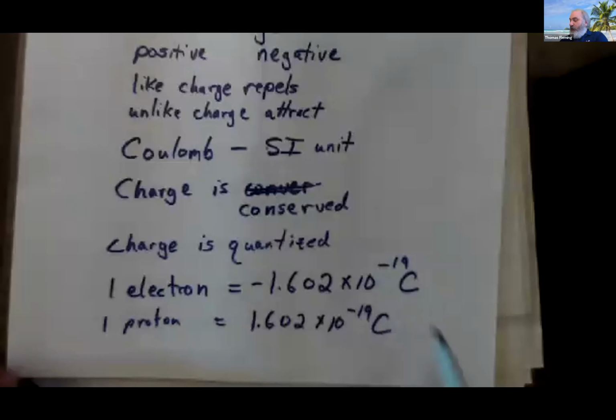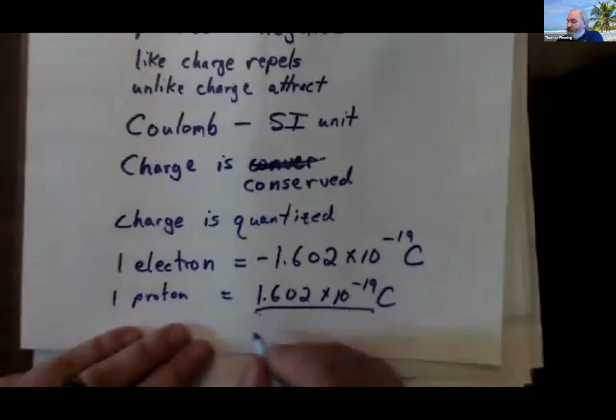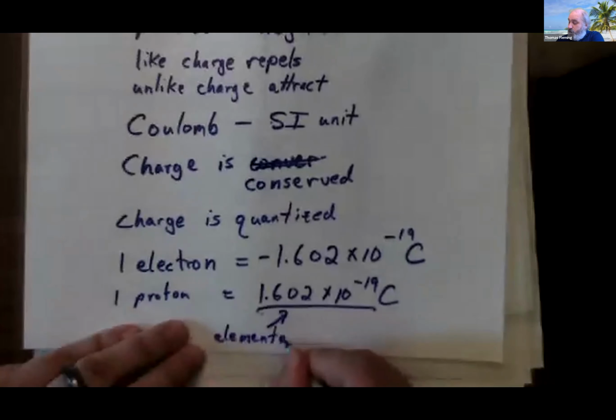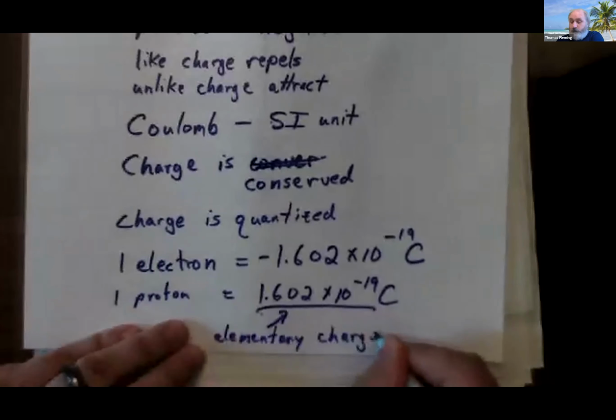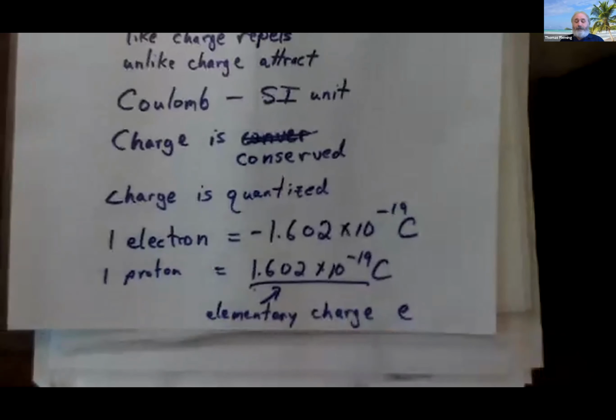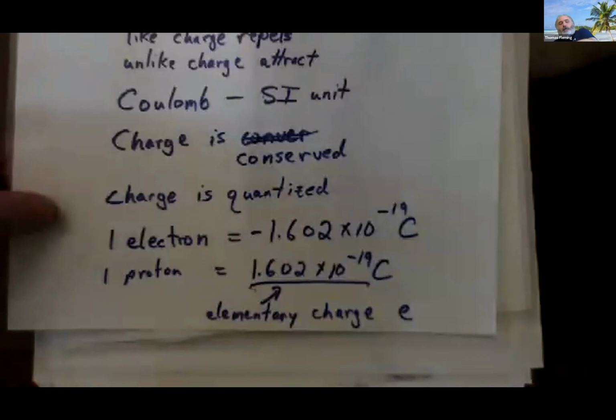We call this number the elementary charge, and it's sometimes denoted with the lowercase letter e. So when you see that lowercase letter e, we're talking about the charge of a single electron or a single proton.